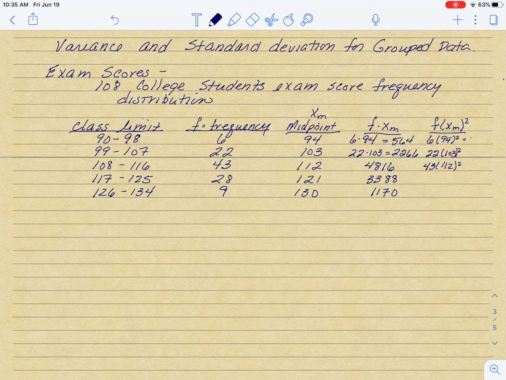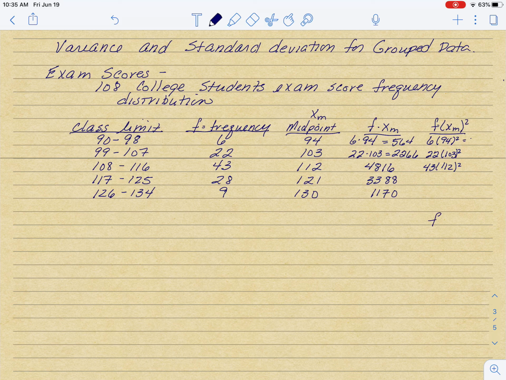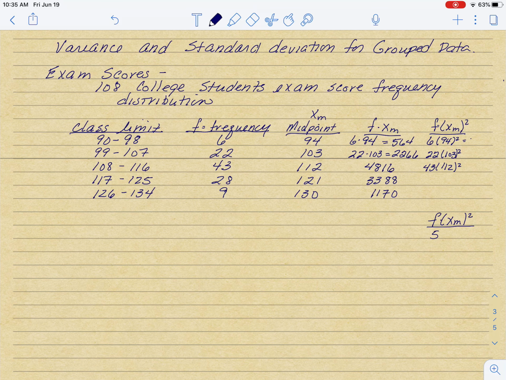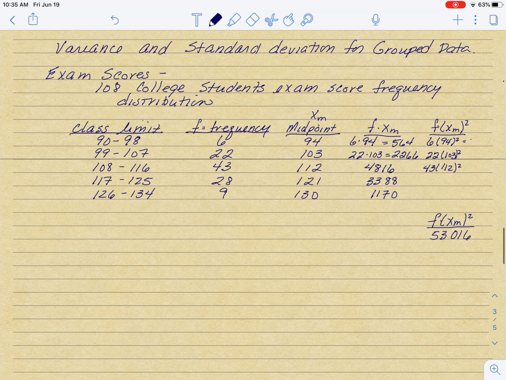Now these are going to be big numbers, so let me make a little room for them. Let's just go down below because I don't want to lose that information. So f times xm squared. The first one I got was 53016, and then I keep going.